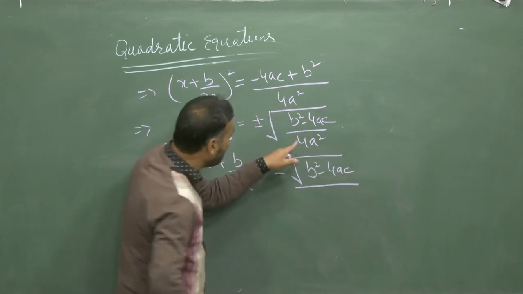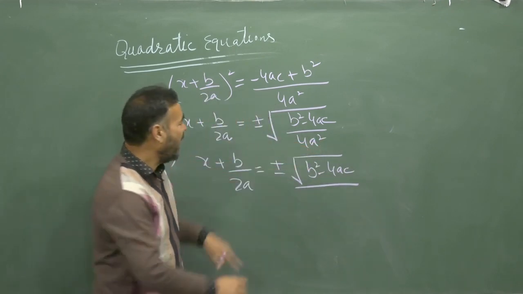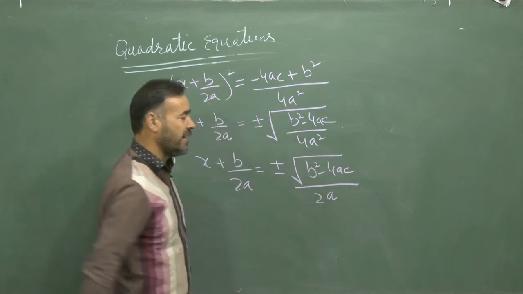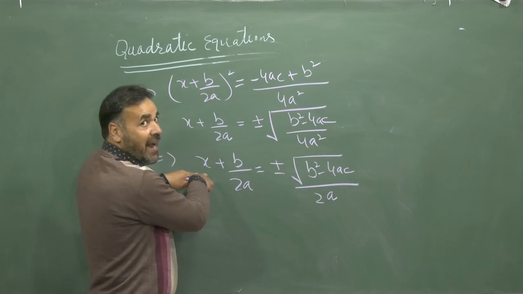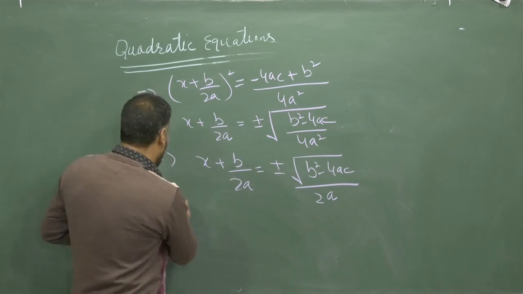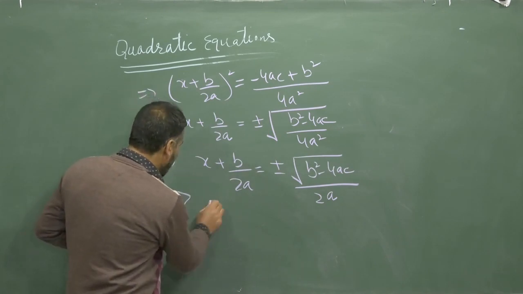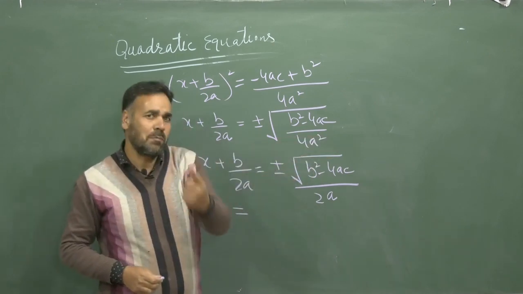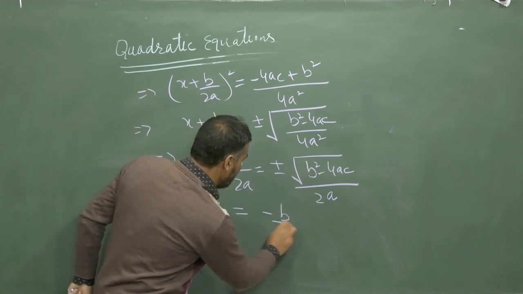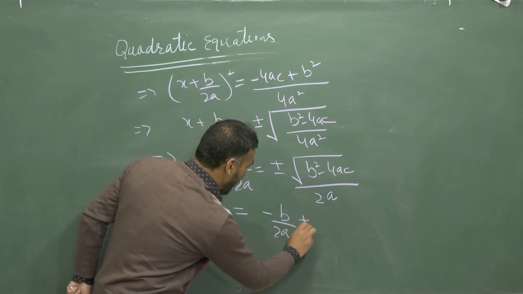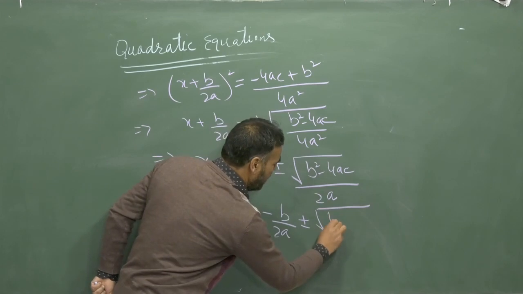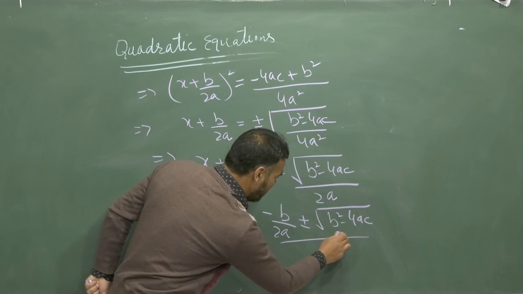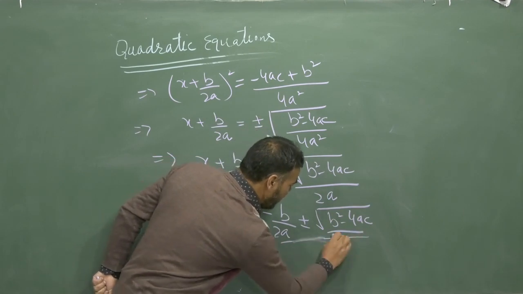If we change square root of 4a square, we can write 4 is the square of 2 and instead of a square we can write a. We have to find the value of x, or we can write x is equal to this b by 2a, you can transpose it. It is minus b divided by 2a plus minus square root of b square minus 4ac divided by 2a.